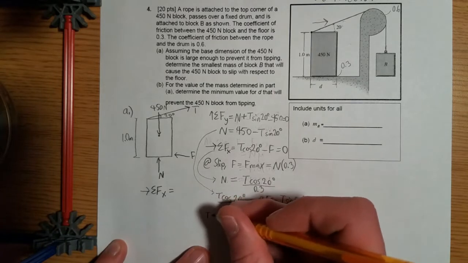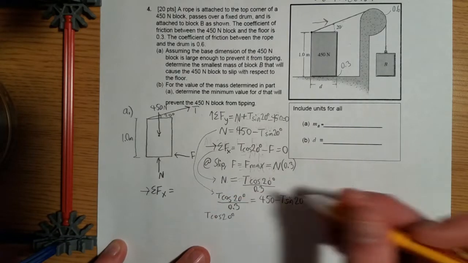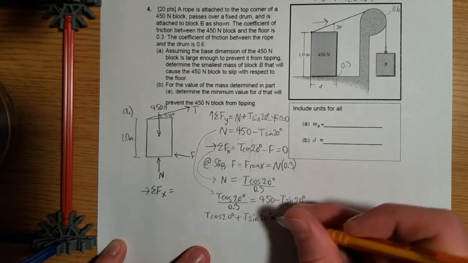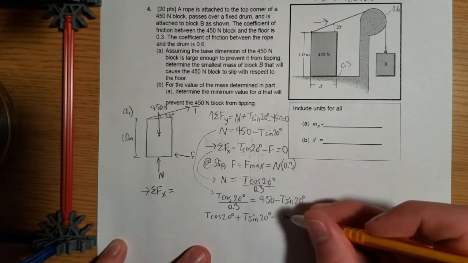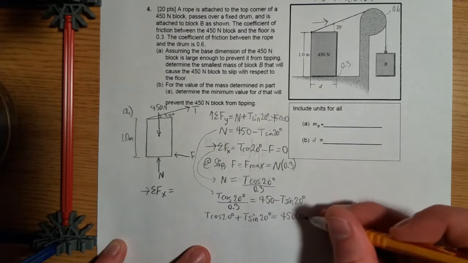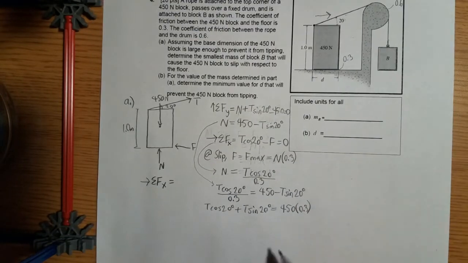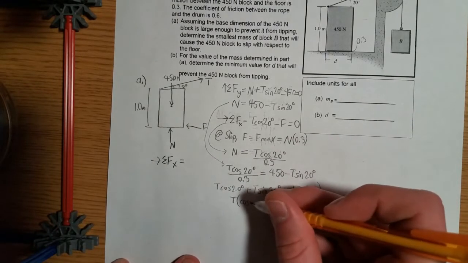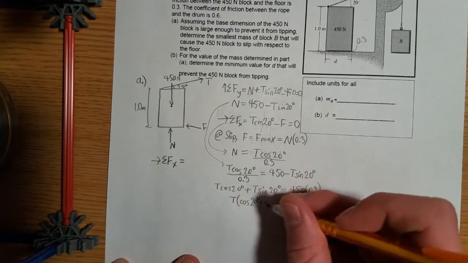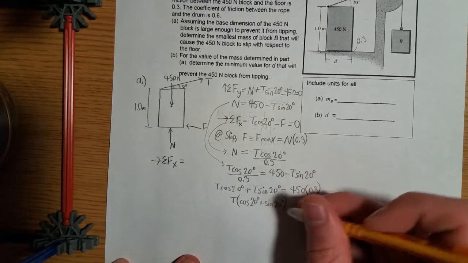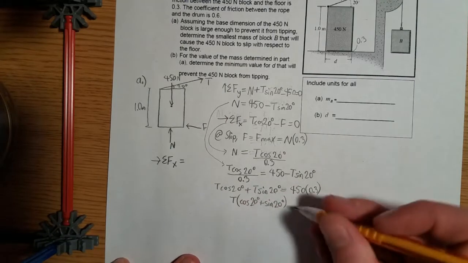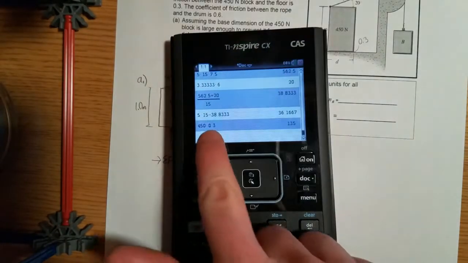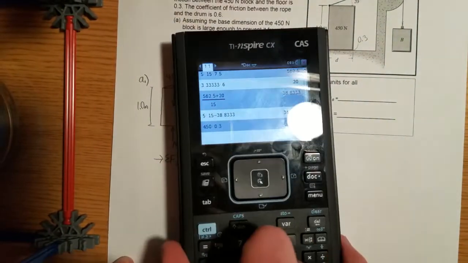So we're going to have T times the cosine of 20 degrees plus T times the sine of 20 degrees is equal to 450 times 0.3. And then just to write this out differently, we could say T times cosine 20 degrees plus sine 20 degrees, because that's just factoring out the T, is equal to, and I think we calculated that before in my calculator, 450 times 0.3 is 135.